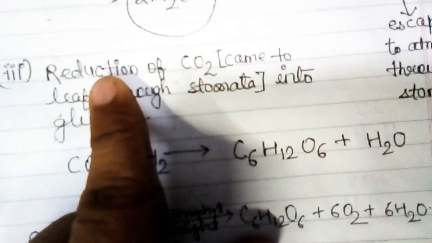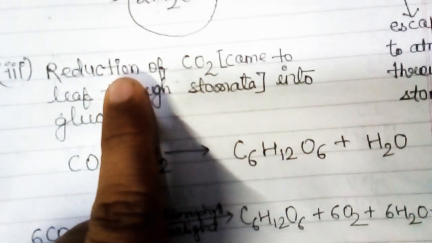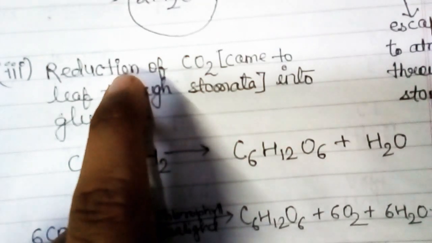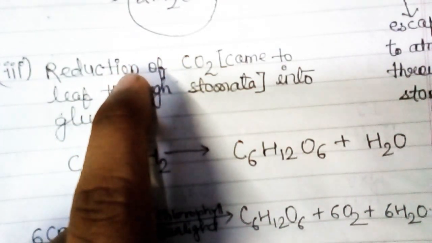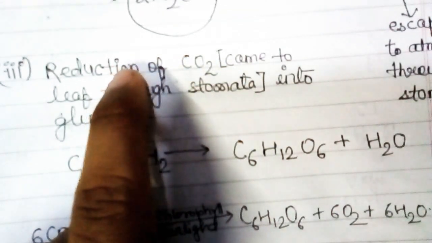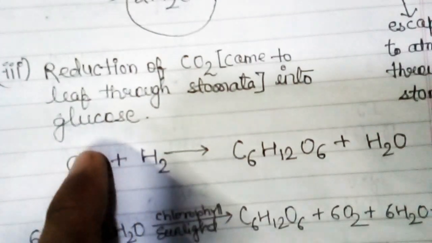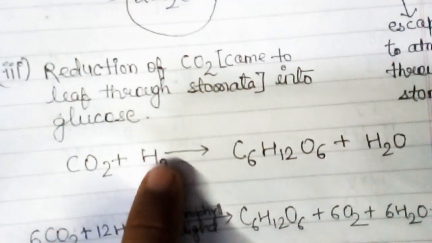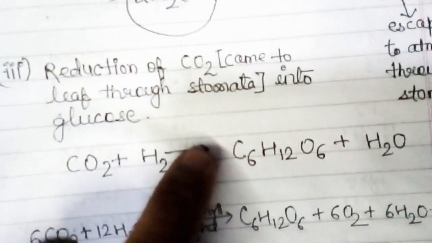Okay, now what do you mean by reduction? See, in very simple words I will tell you, if hydrogen adds to any molecule, then that is known as reduction. As you are able to see here, carbon dioxide and hydrogen. Here we are adding hydrogen to carbon dioxide. This is reduction.